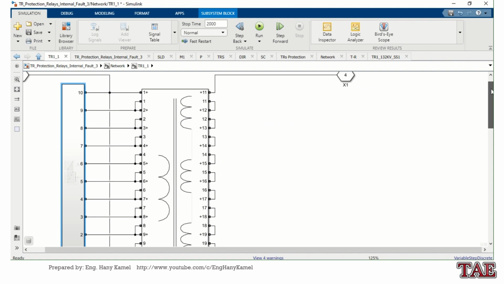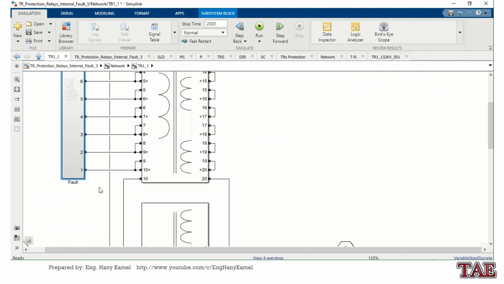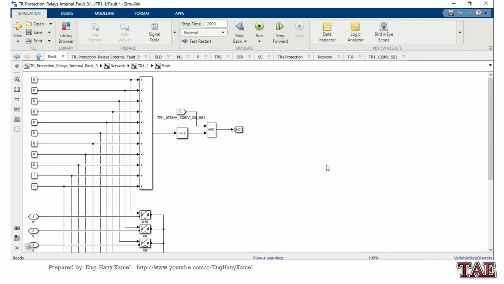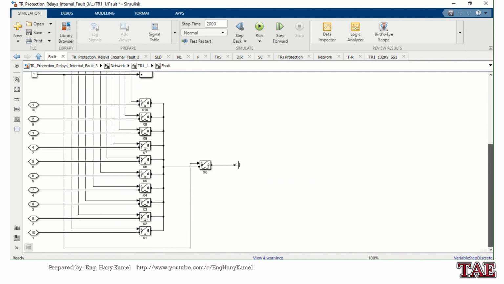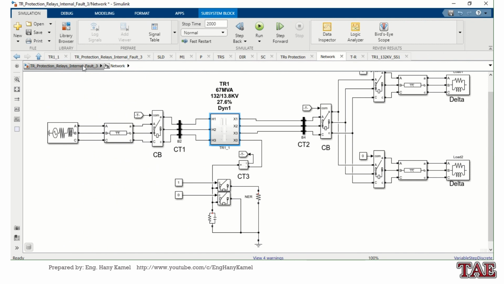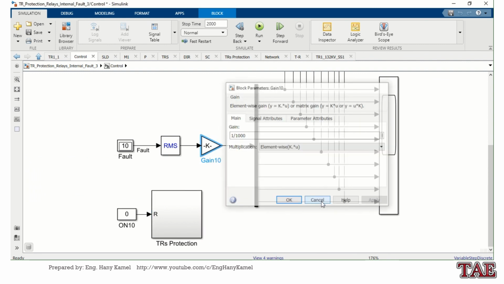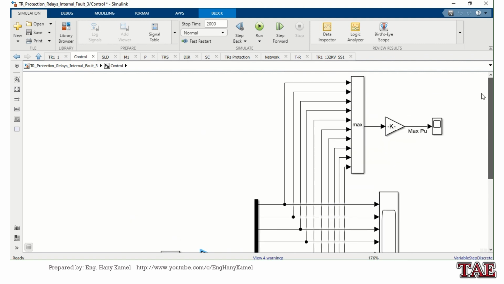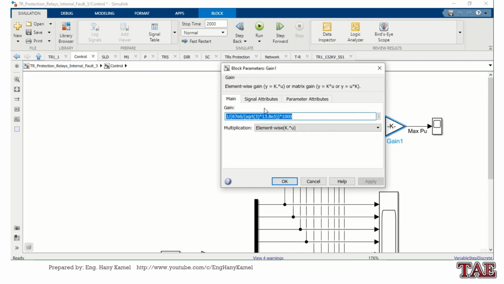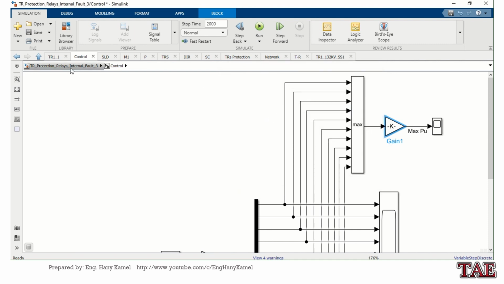So now if I close X1 and X0, the first 10% from the high voltage winding will be shorted to ground. I will update here to make the measurement in 132 side for short circuit current.